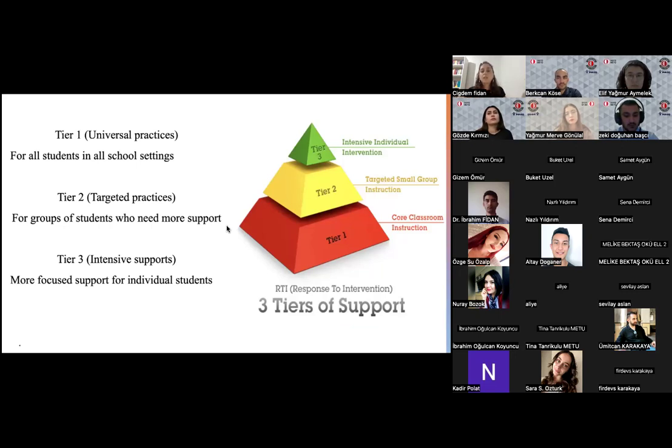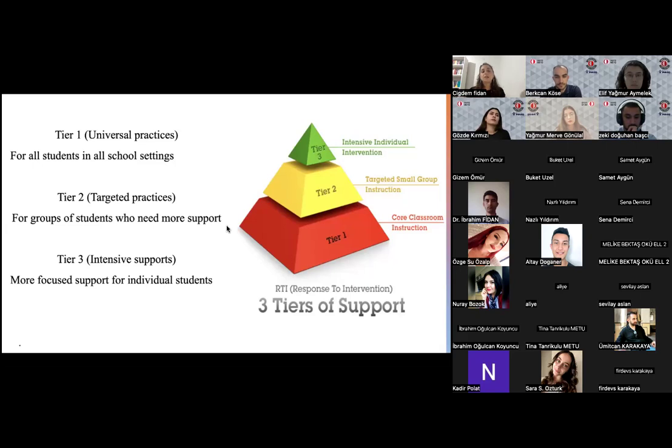In higher education institutions, the instructors and lecturers mostly focus on tier 1 level practices, like universal practices, the practices that are valid for all students in all school settings. But what about tier 2 and tier 3 level practices?